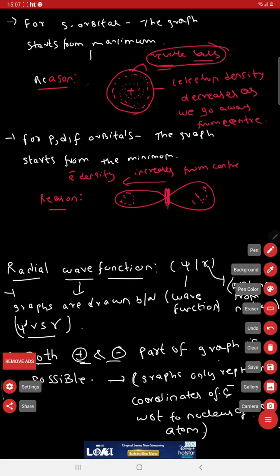So for s orbital the graph starts from the maximum, and for p, d, f orbitals the graph starts from the minimum. And as we are locating only the coordinates, both positive and negative parts of the graph can be taken.